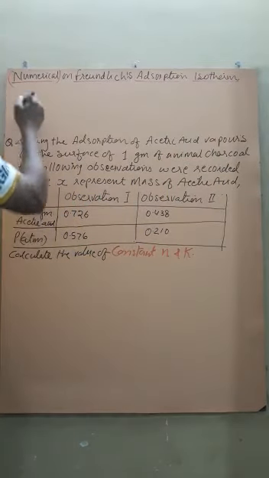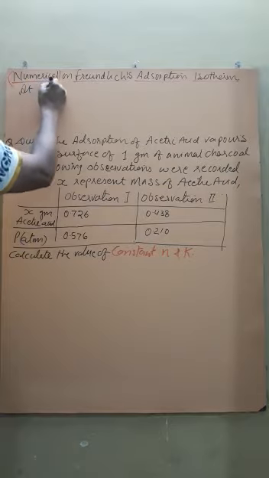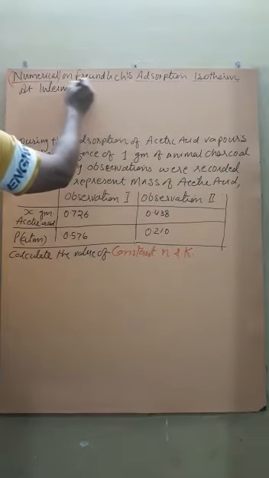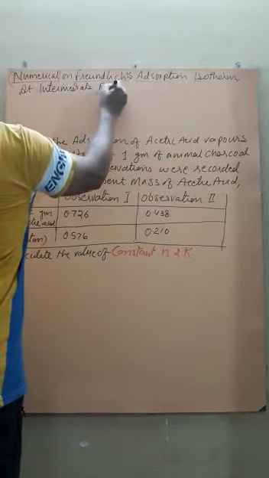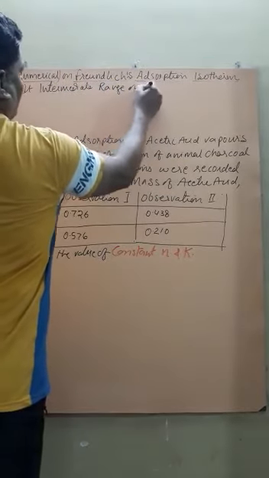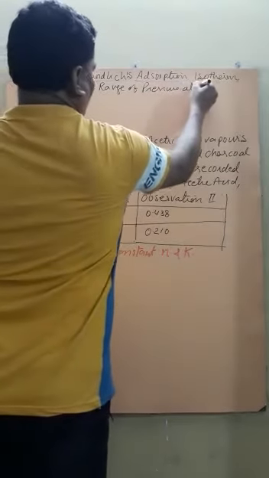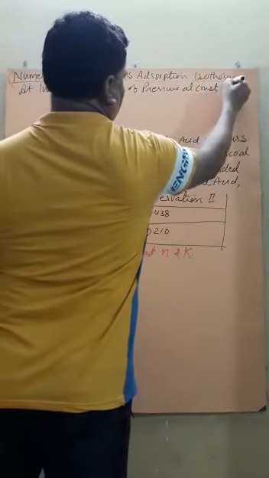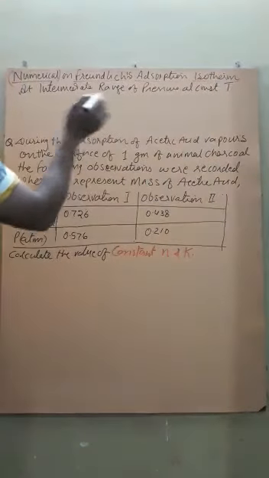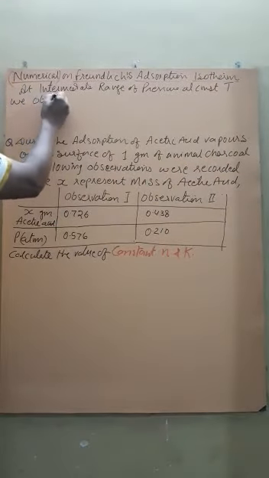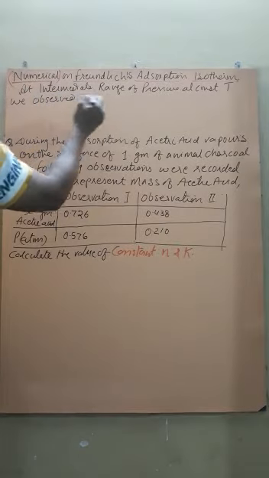Student, at intermediate range of pressure at constant temperature, at constant T, we observed, that is Freundlich observed what?